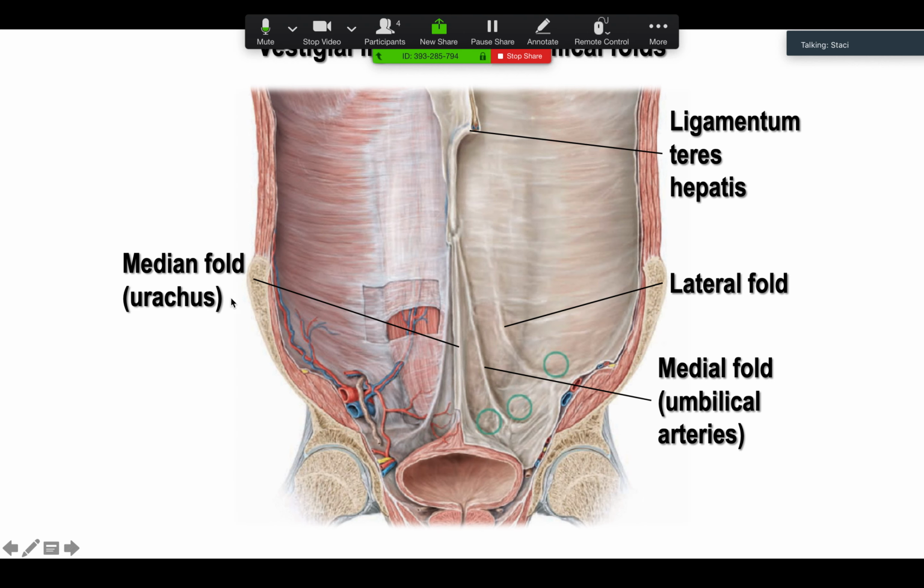It's probably important for lecture as well, but knowing where these are in lab and being able to find them is really important. So you have the median fold in the middle, then the next one is the medial fold made up of the umbilical arteries, and then the lateral fold.